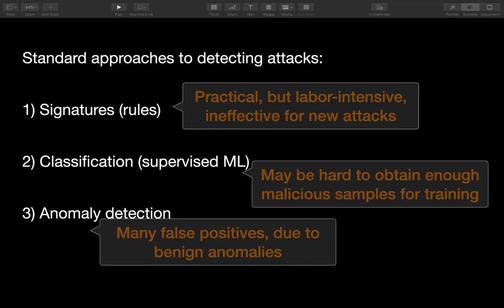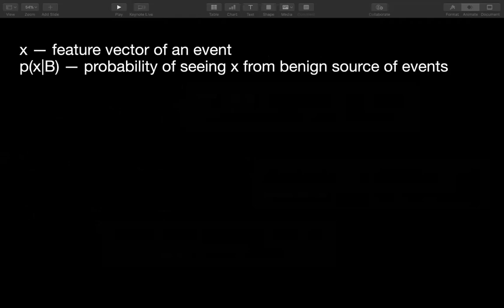So let's look at how we might deal with these issues. Well, I'm going to focus on anomaly detection because there's been so much research on it. It looks so promising, and yet it does not seem to have had the impact that's proportional to the amount of research work that's been done on it. So in traditional work on anomaly detection, the setup is something like this.